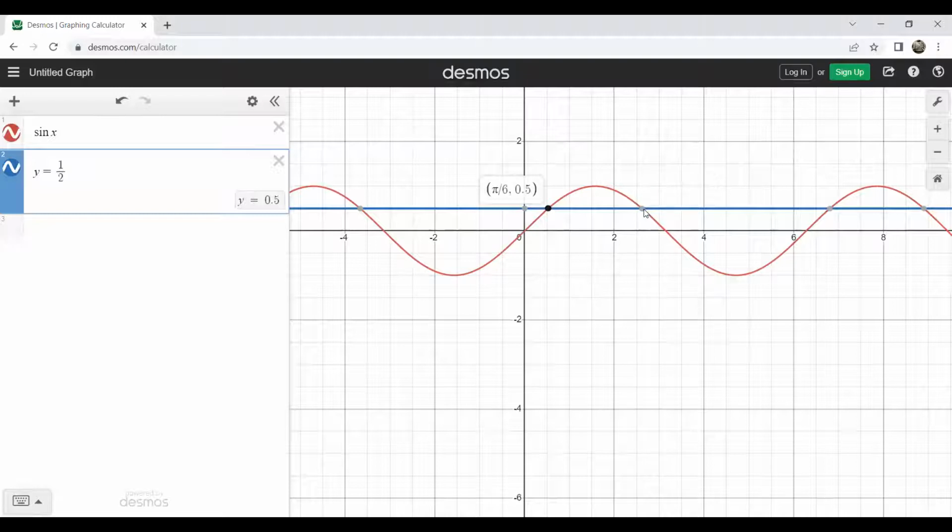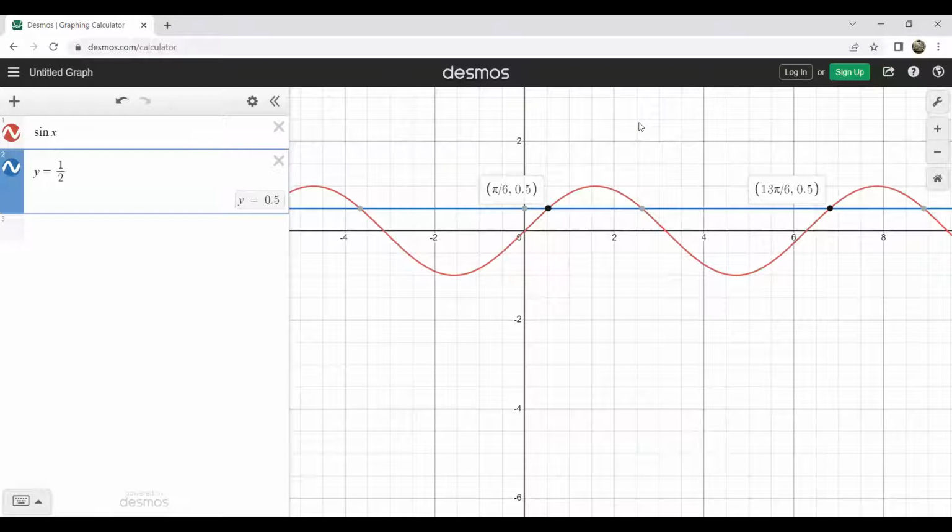Okay, forget about the second point. This is pi over 6. What is the next point? 13 pi over 6. What's the connection between pi over 6 and 13 pi over 6? If I add 2 pi to pi over 6, I get 13 pi over 6.